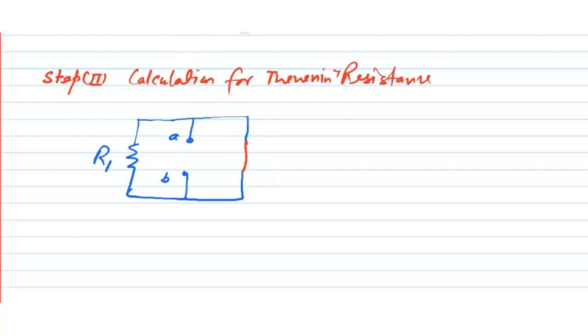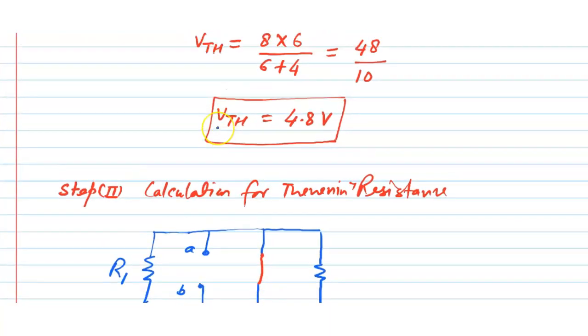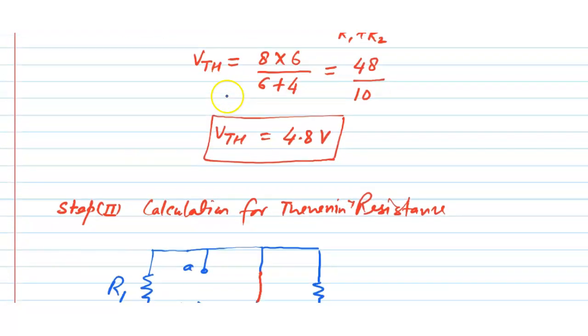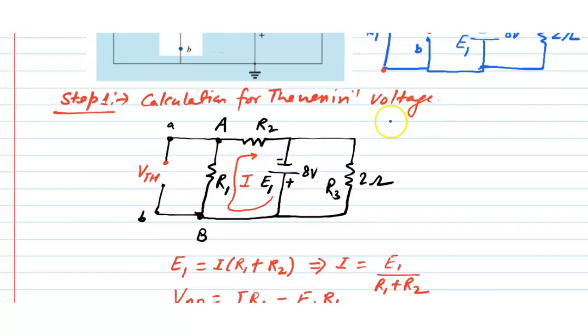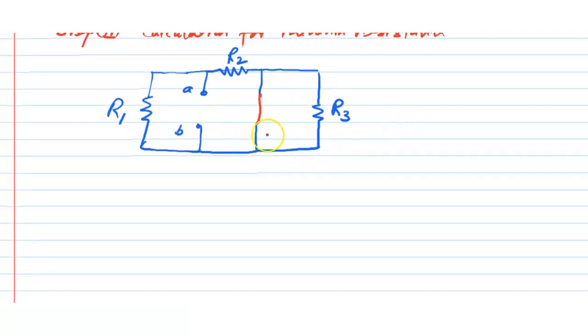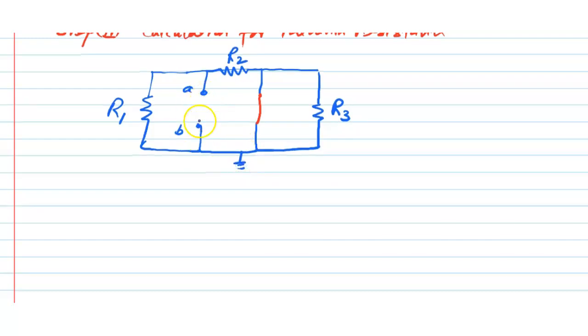This is short circuited, and here there is another resistance, R2, and this is R3. Now we have to find out the equivalent resistance of this circuit, and this circuit is grounded, and the resistance appearing here is not the Thevenin resistance. We have to find out the Thevenin resistance here.